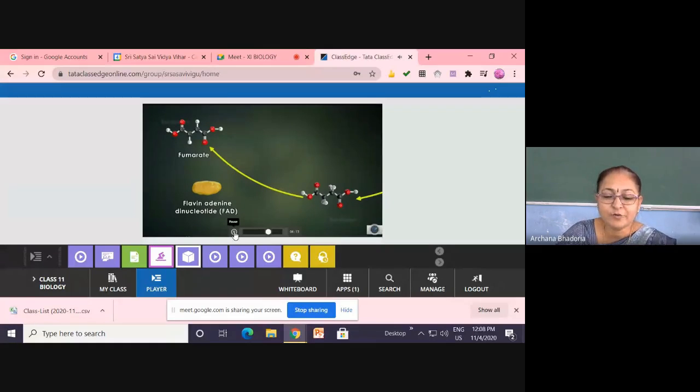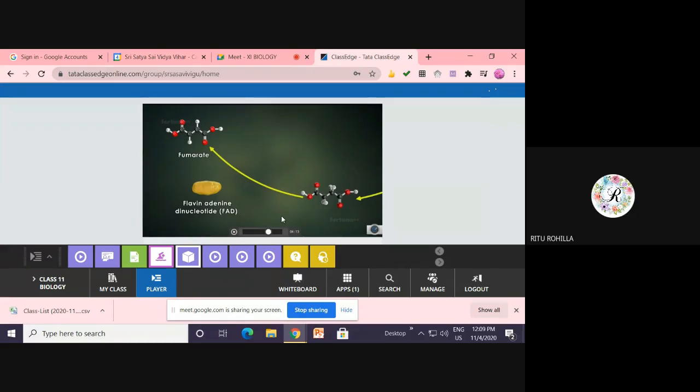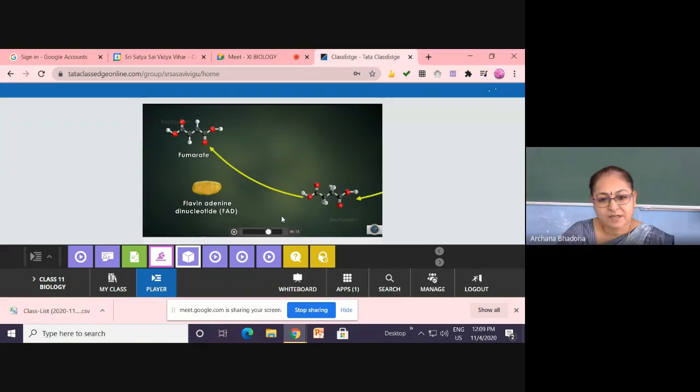Children, are you all following now how the steps are going on and how you have to explain and understand? Devanshi, Rumisha, speak up. Yes, ma'am. So it is very clear, I hope now, what is going on in the Krebs cycle. Everyone, Ritu, is it clear to you?